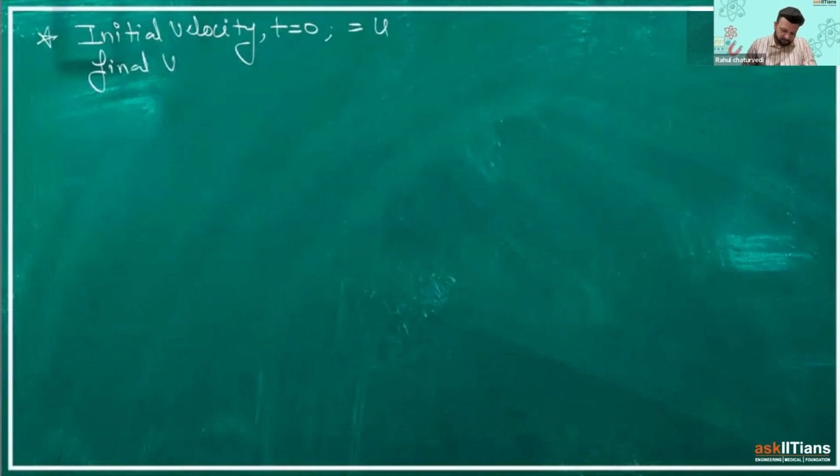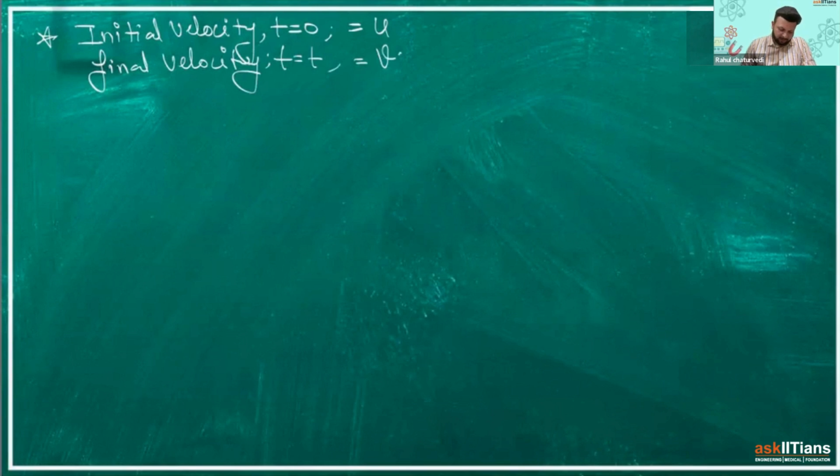Let's take one more case, suppose the initial velocity has some value. So initial velocity means at t equal to 0, the velocity is u. And the final velocity, at t equal to t, has some value v, right? And uniform acceleration a. So let's draw the ST and VT graph.